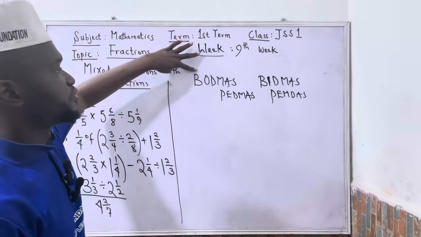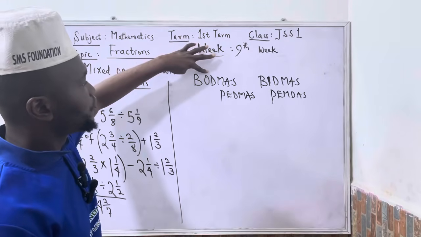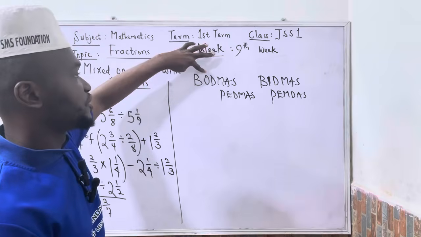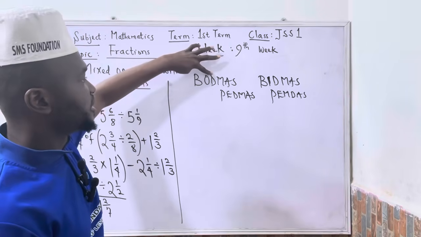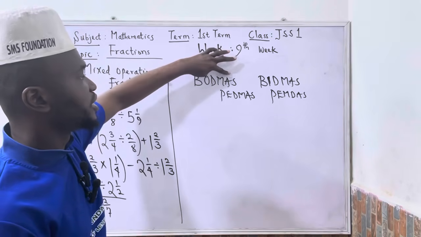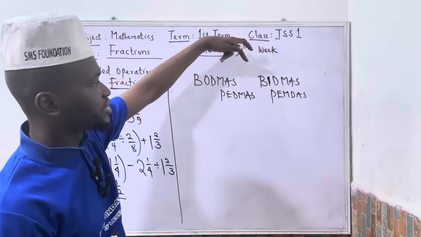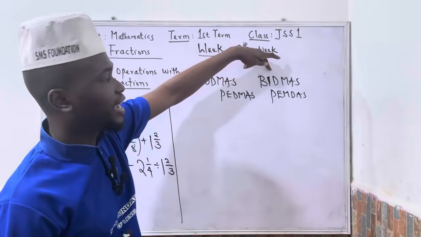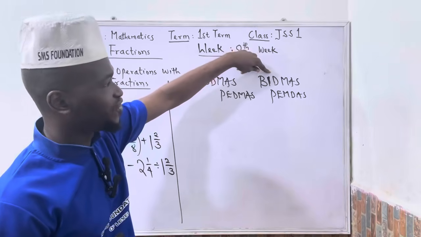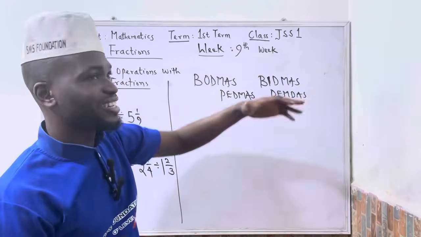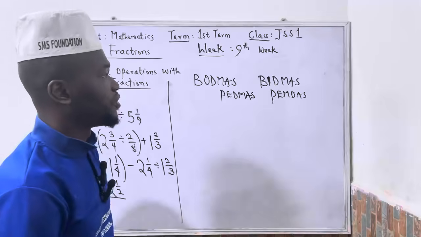You see, this B stands for bracket, O is "of". Sometimes they call it order of operation. D division, M multiplication, A addition, S subtraction. But those that call it BIDMAS, it is only this I that changes. That's index or indices, that's power, when you have something raised to a power.